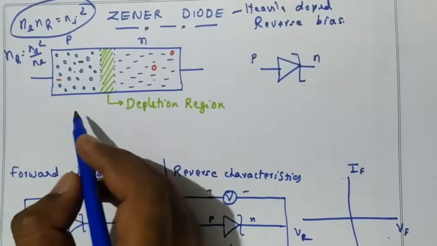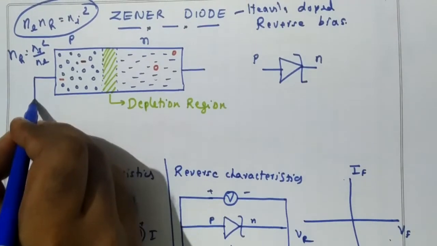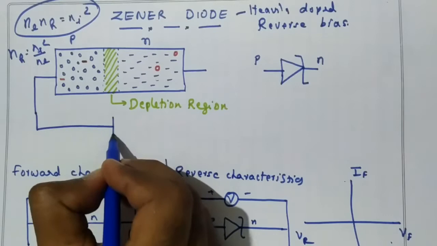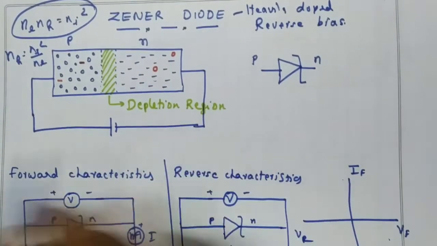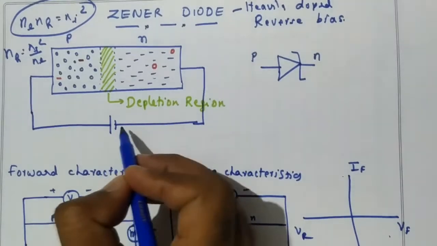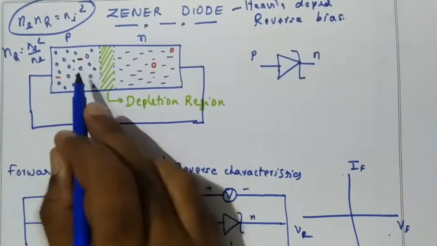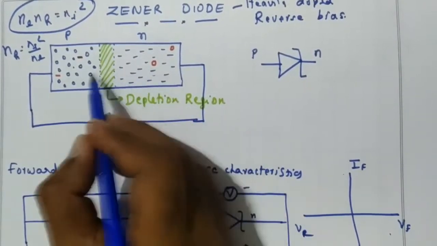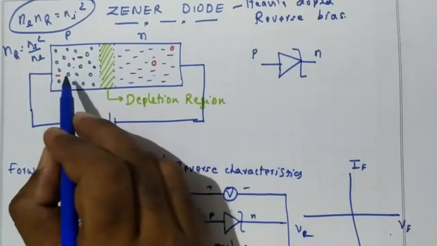When the diode is forward biased, what do you mean by forward bias? Higher potential is connected to P-type and lower potential is connected to N-type. Now what happens is, the electrons are repelled by the negative of the battery, and holes are repelled by the positive of the battery.